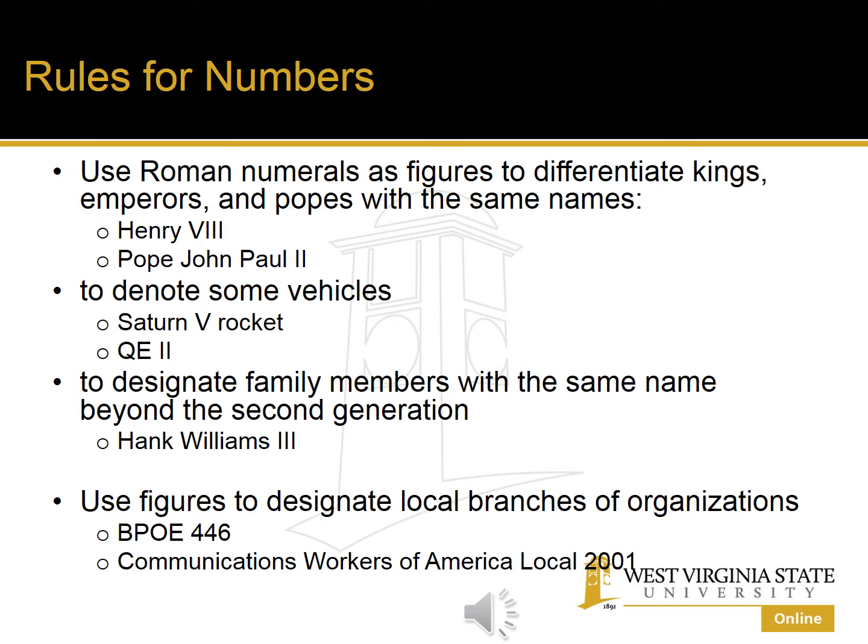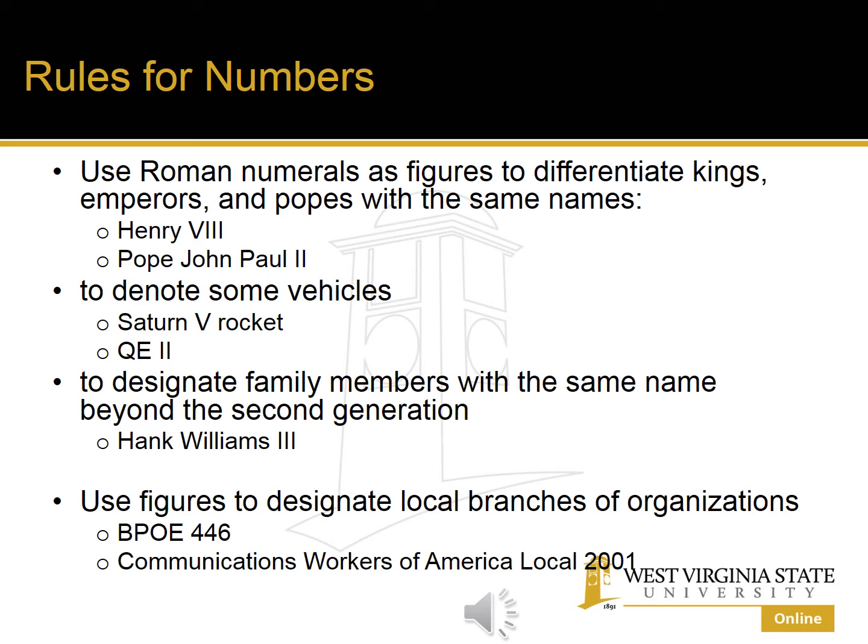Continuing with rules for numbers, we have a different kind of rule regarding figures, and that is the use of Roman numerals instead of Arabic numerals. The Roman numerals should be used as figures to differentiate kings, emperors, and popes with the same names.